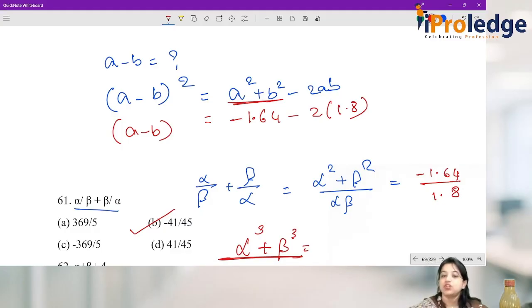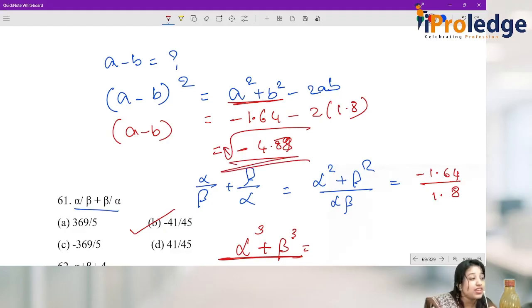Add this up, 4.8. Square root of minus 4.88: don't take the square root, for a negative we have imaginary numbers. Don't take the square root.